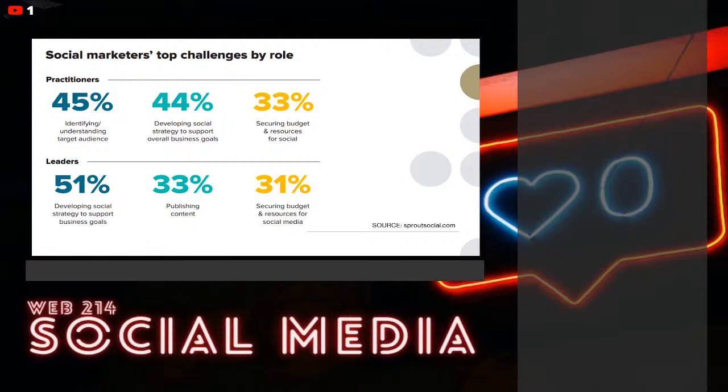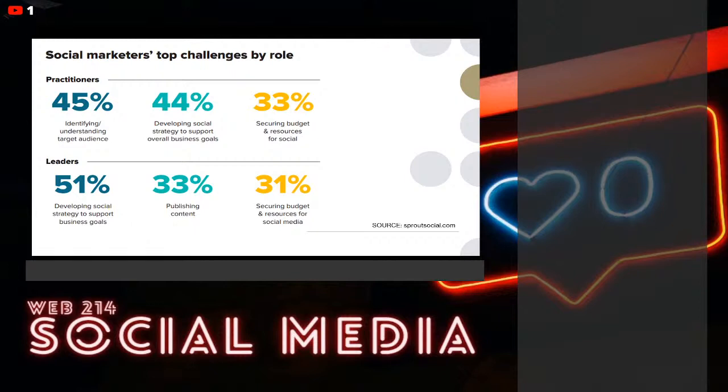But when we look at these largest segments, we see the biggest things that are important to us in regard to understanding a community with SWOT analysis and goal setting. Right? It's going to help us identify and understand that target audience. It's going to help us develop a social strategy to support our goals.